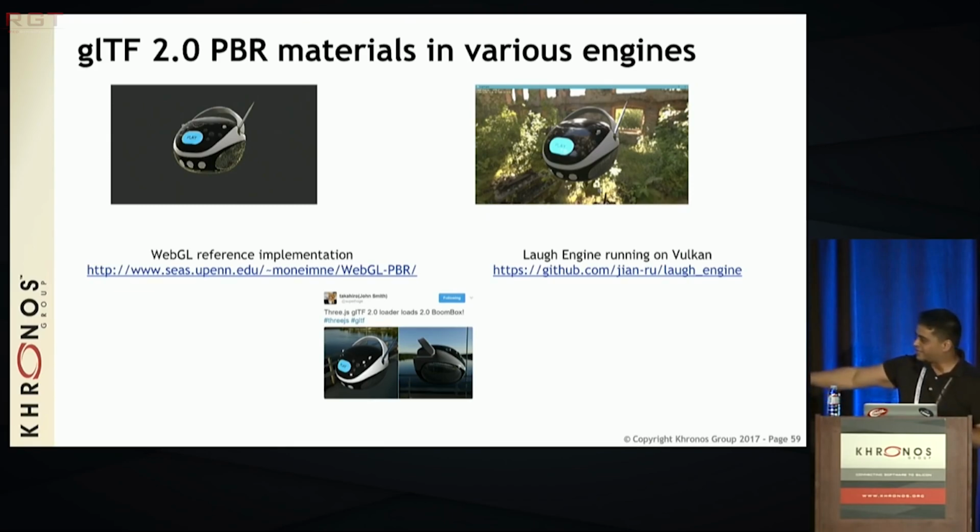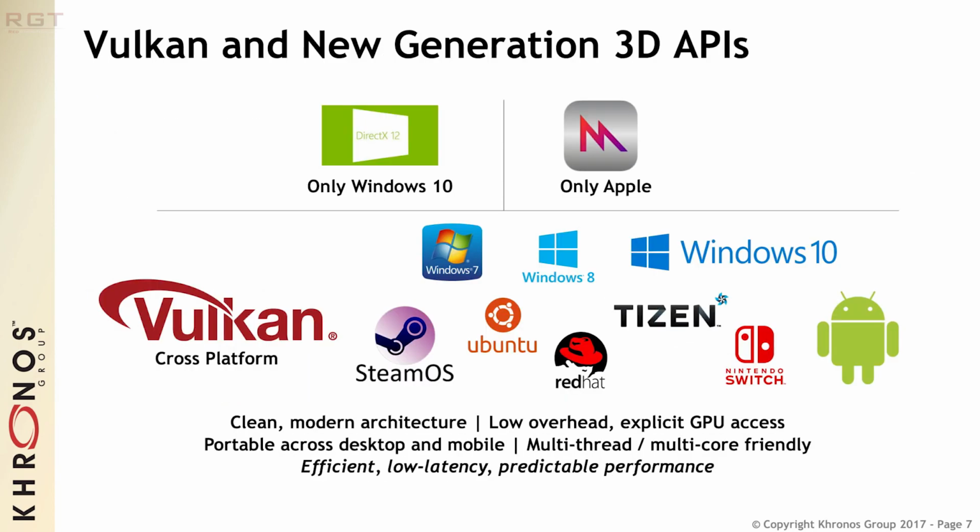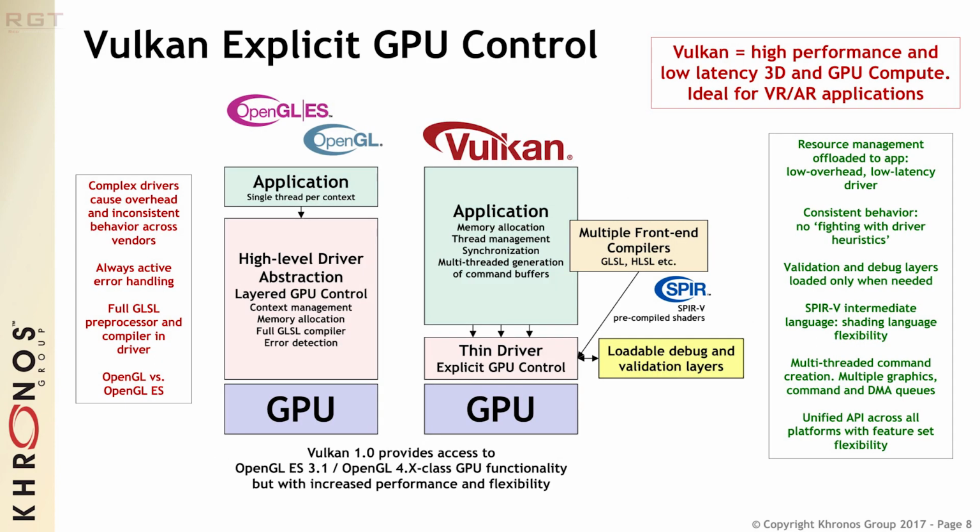DX12 is a perfectly good API, and it's actually very similar to Vulkan, and you can get the performance and latency benefits from both. So for many developers, it does come down to what platforms they want to support. Obviously DX12 is limited to Windows 10.